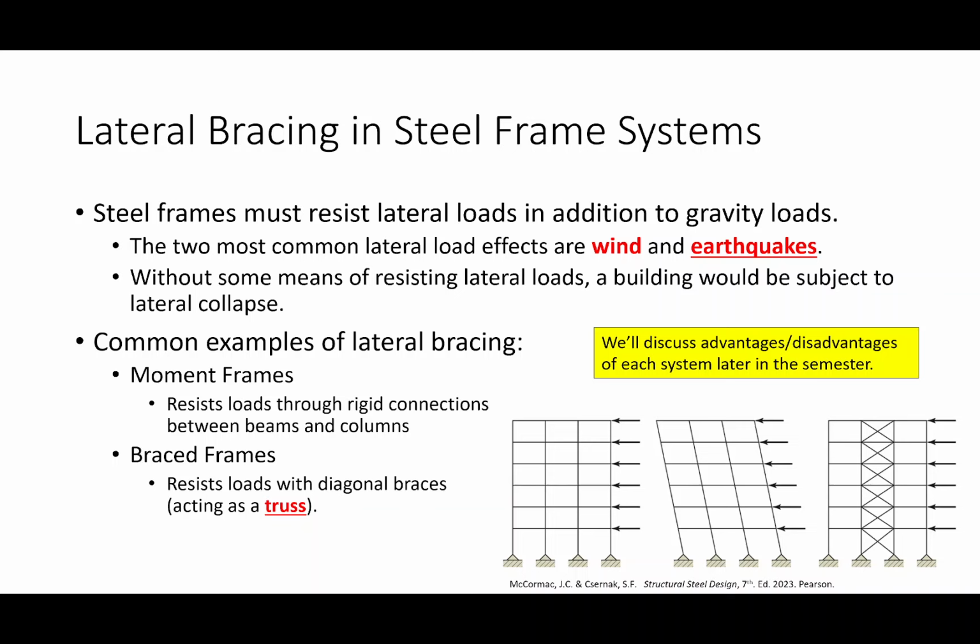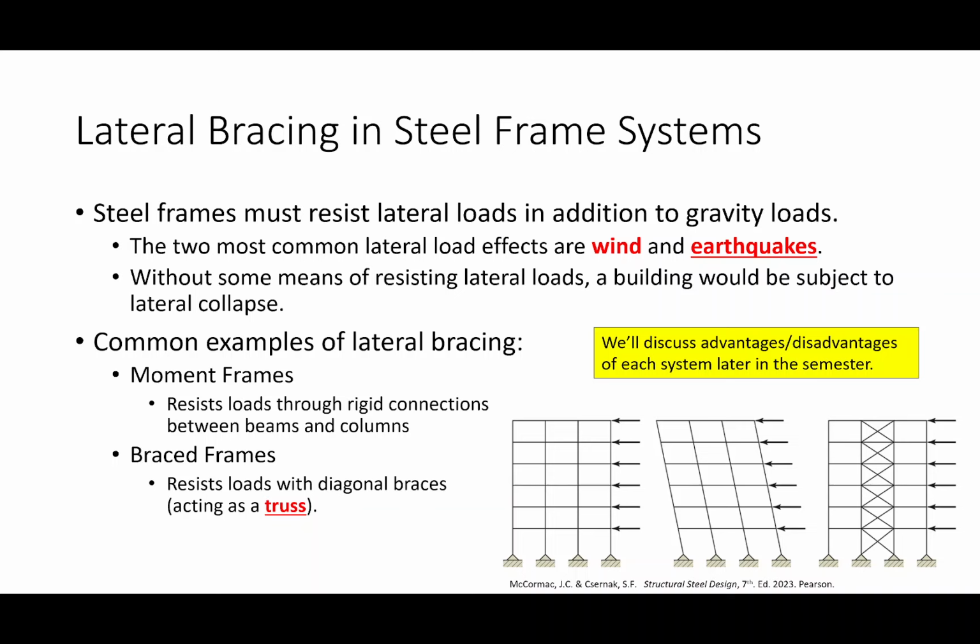Okay. So I want to explain the example I'm going to show you all today, and I want to do that by talking about lateral bracing. If you remember, during the very first lecture in the class, I showed you some images of this building being constructed. And there were these diagonal elements in the building at certain key locations, and their job is to withstand lateral effects.